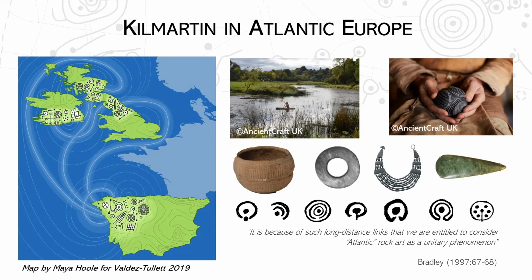So Kilmartin was almost controlling the entry of this metal, and there was a lot of wealth coming through, which could perhaps justify the existence of so many round cairns in the region, many of which are rich in engraved goods, including Irish and Yorkshire style food vessels, which incidentally we also find in Dunchraigaig cairn.